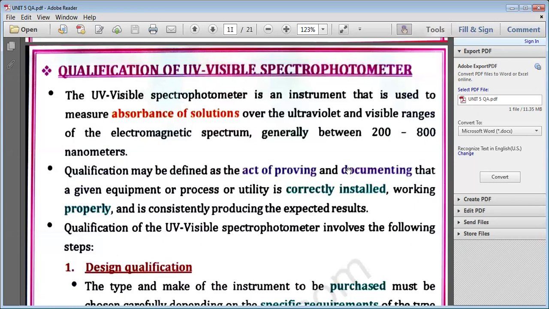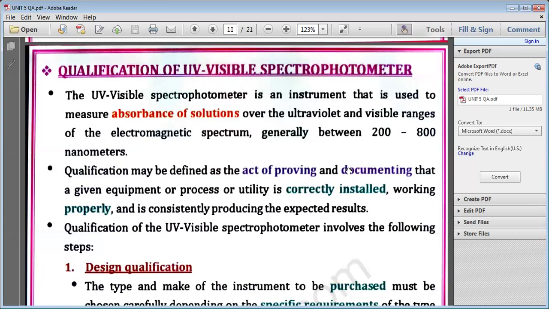So we are going to discuss the topic of qualification with an example of the UV visible spectrophotometer. The UV visible spectrophotometer is an instrument used to measure the absorbance or transmission values of different solutions over the UV and visible ranges of the electromagnetic spectrum, generally between 200 to 800 nanometers.